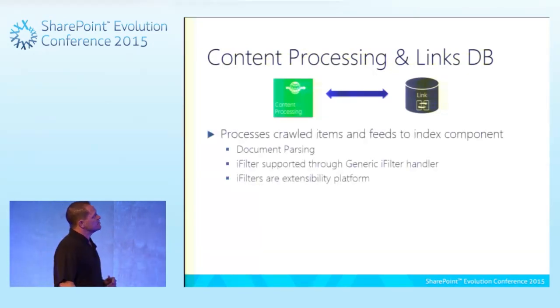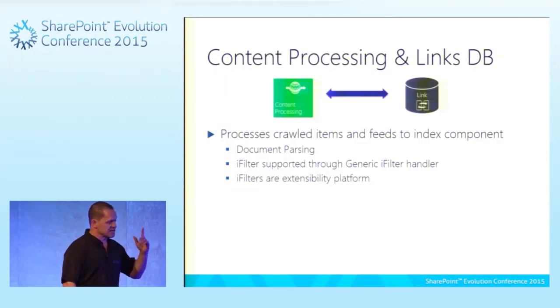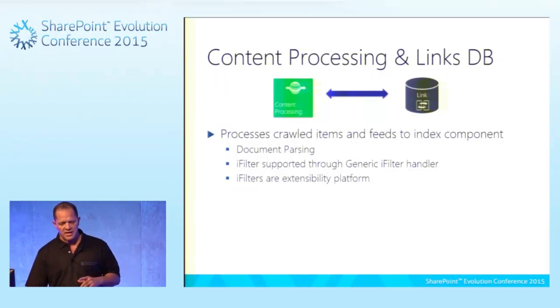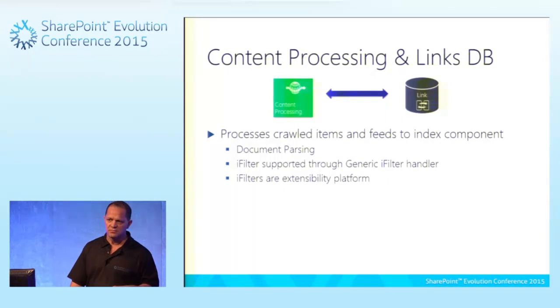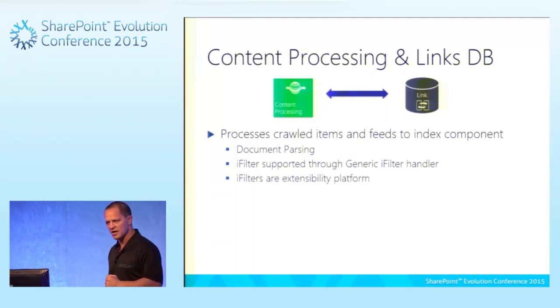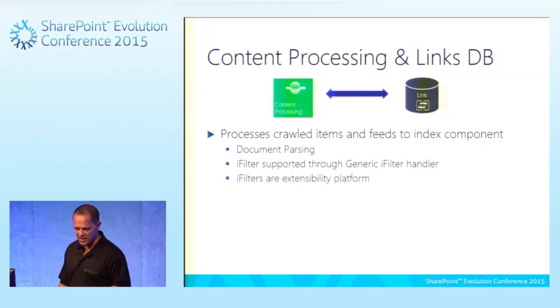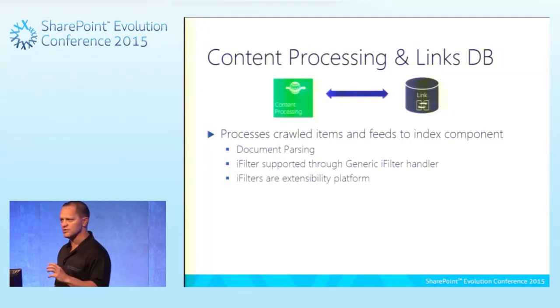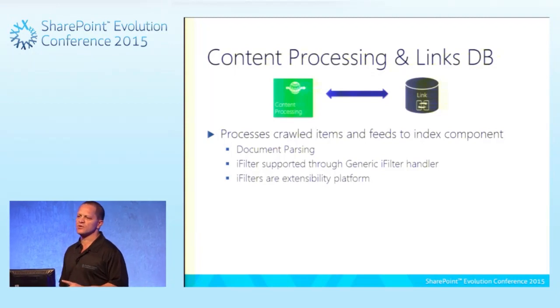Now, the big thing with the content processing component, and it isn't listed here, is that if I've got a crawled property that has been defined, so essentially the crawler's brought it down, brought the document down, brought the property down, and it's passed it on to content processing. When content processing is passing it across to the index component, if there is no managed property for that crawled property, it will not exist in the index.